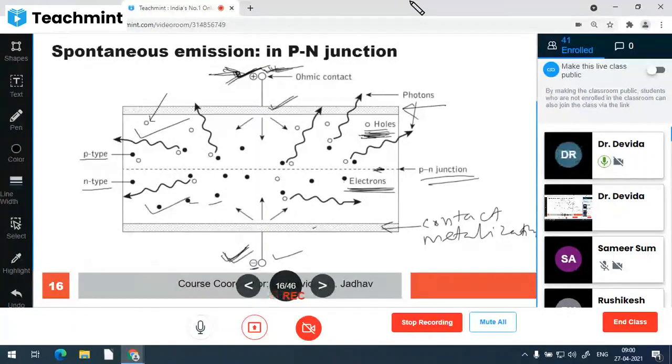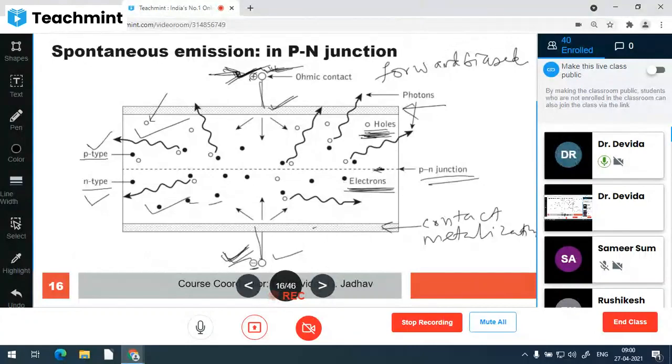So these external wires are connected to the battery, positive and negative. Positive is connected to the P region, and negative of the battery is connected to the N region. So this has now become forward biased.